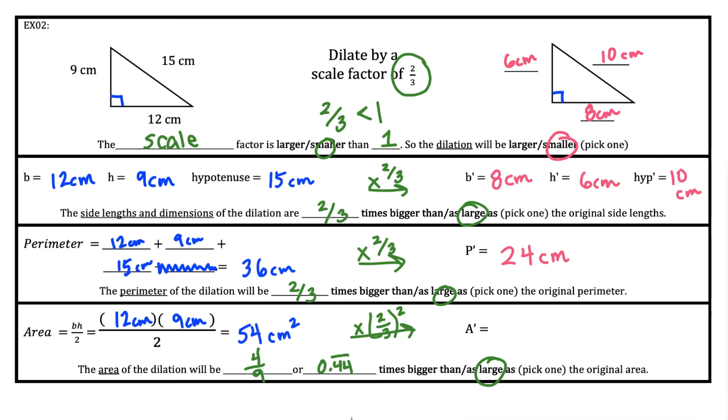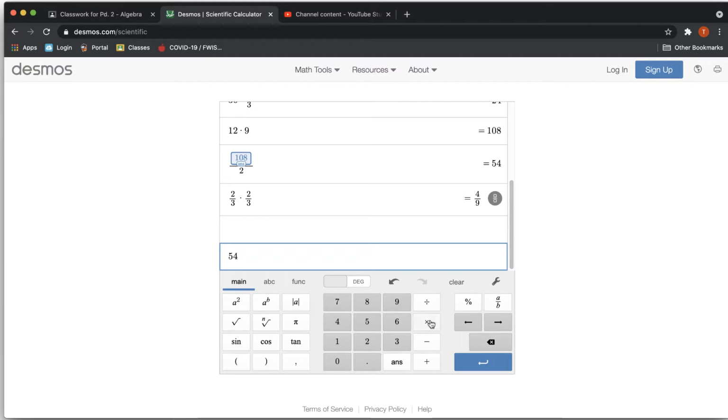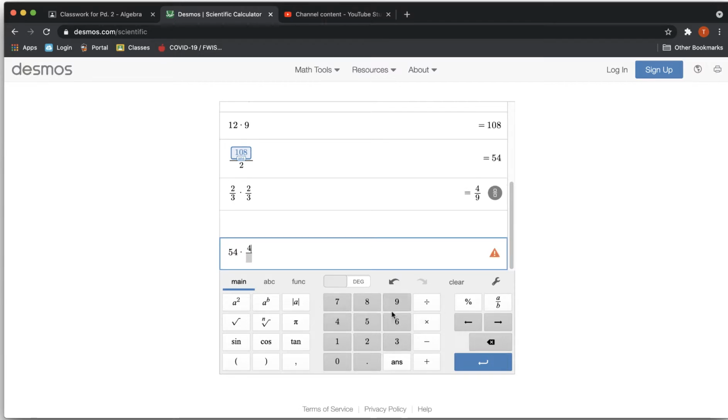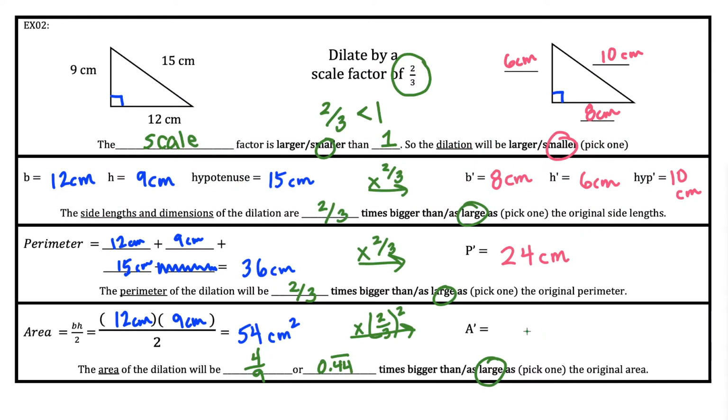So 54 times 4 ninths is 24. Oh, that was cool. So 24 square centimeters. So 54, we multiply that by 2/3 to the second power, or that's another way of writing it, right? 4 ninths, or 0.44. So that's cool. I guess that's it. Thank you.